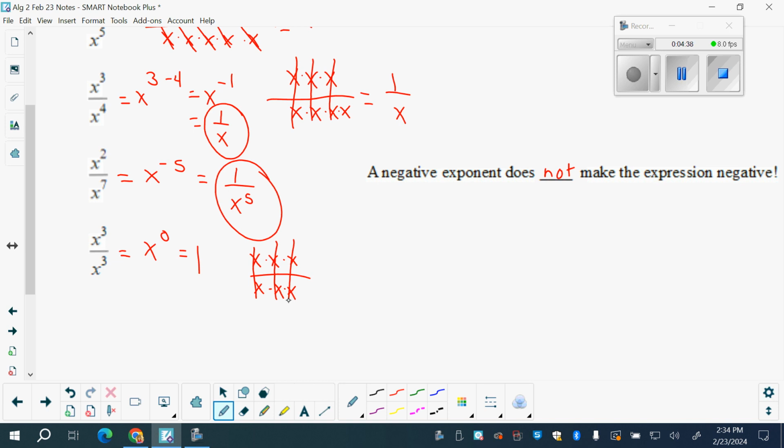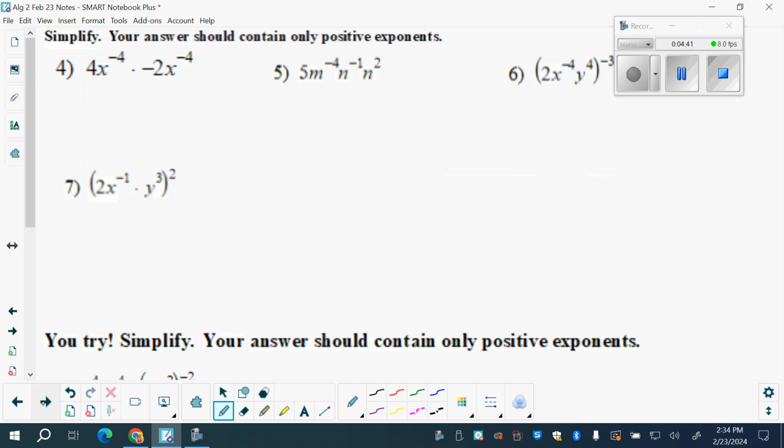Okay, so let's do some examples. So what do we do first on number 4? We're going to multiply, right? And when we multiply, what do we do with those exponents? Add them.